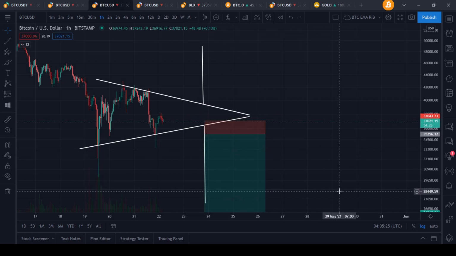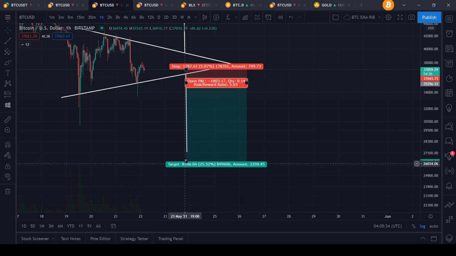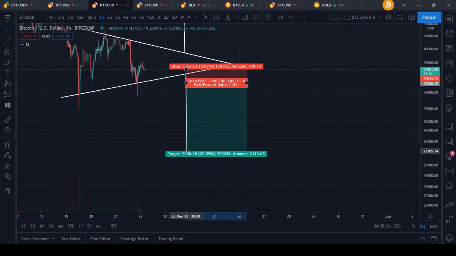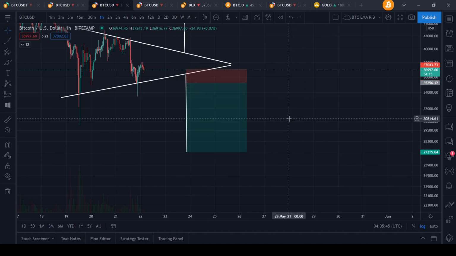But to the downside, if I'm using 5 leverage, this is a 125% gain. Or sorry, not 125% because I lowered it down there. Let's just say roughly a 110% gain versus a 25% loss.